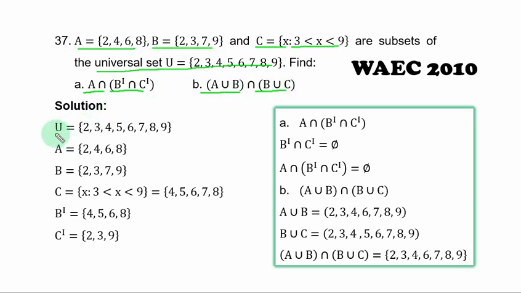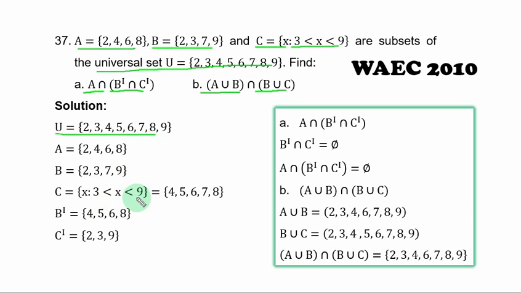Solution: you have the given universal set, you have subset A, subset B, and subset C. The given range of subset C implies that 3 and 9 are not inclusive.